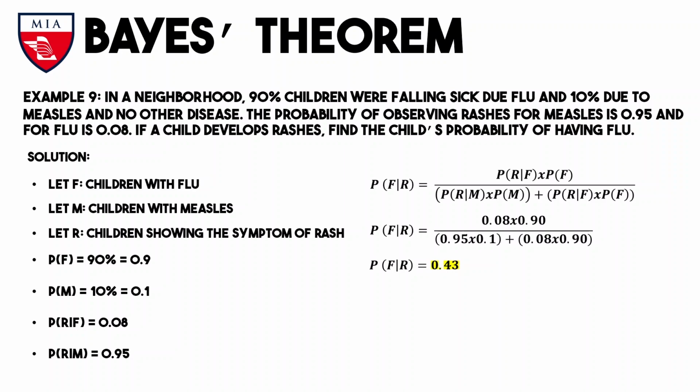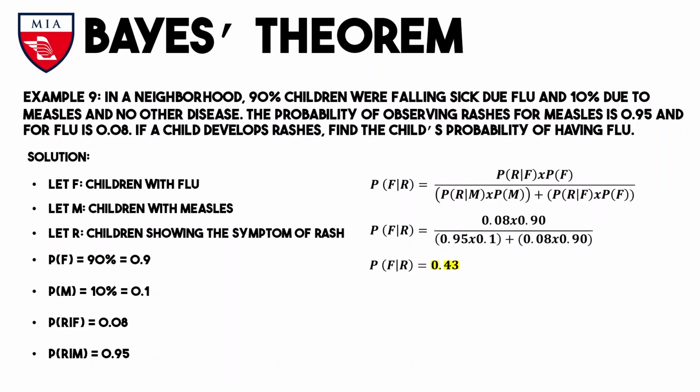Okay, so in a neighborhood, 90% of children were falling sick due to flu and 10% due to measles and no other disease. Okay, so the probability of observing rashes for measles is 0.95 and for flu is 0.08. If a child develops rashes, find the child's probability of having flu.